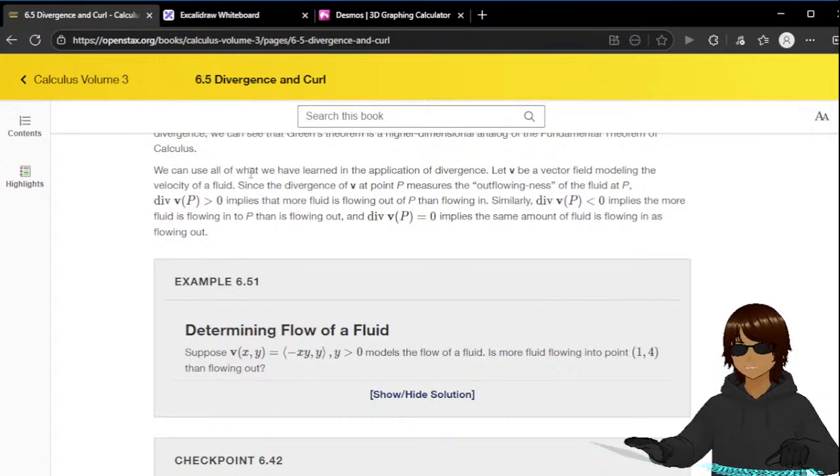We can use all of what we learned in the application of divergence. Let V be a vector field modeling the velocity of a fluid. Since the divergence of V at a point P measures the outflowingness of the fluid at P, if divergence is more than zero, it implies more fluid is flowing out of P than flowing in.